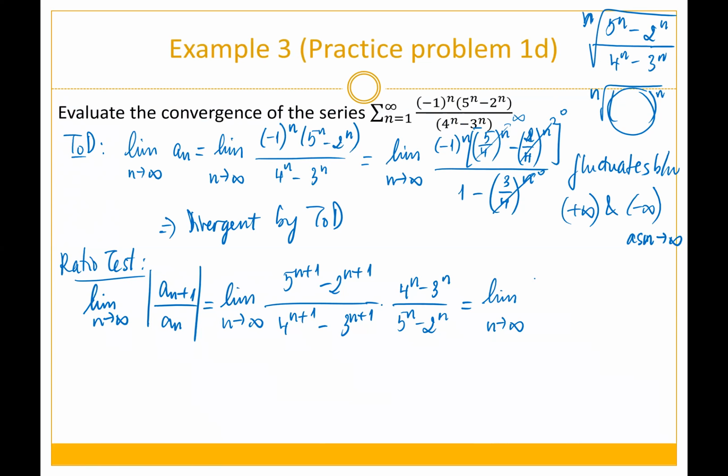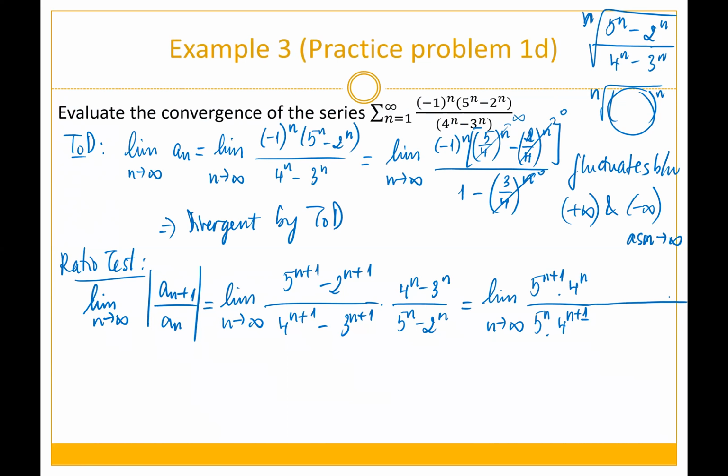So you have 5 to the n plus 1 multiplied by 4 to the n, divided by 5 to the n multiplied by 4 to the n plus 1. So basically I take the most powerful term of every part out.